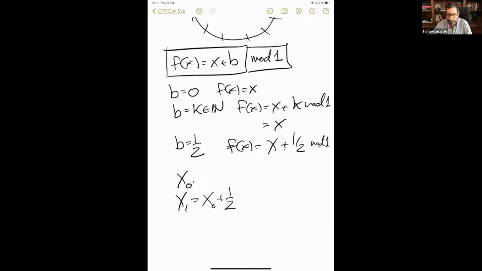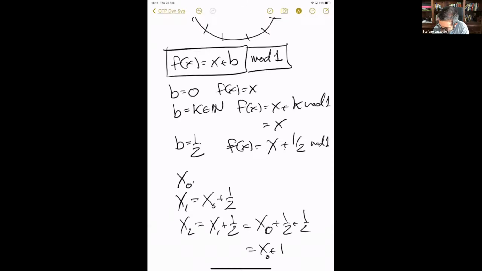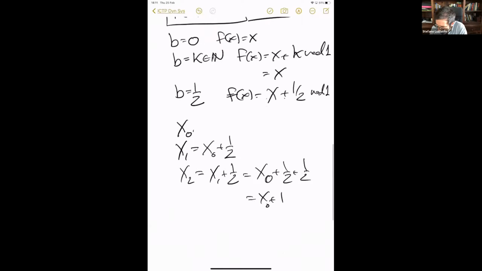And then we have x2 is equal to x1 plus 1/2, which is equal to x naught plus 1/2 plus 1/2, which is equal to x naught plus 1, which is equal to x naught.